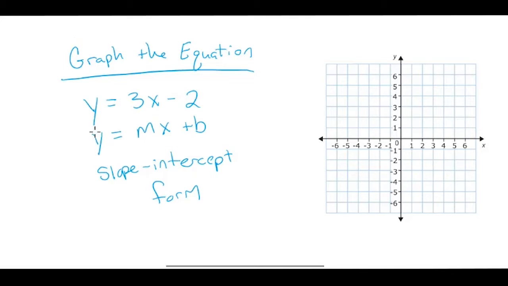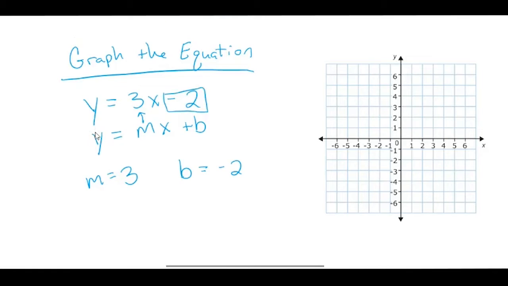I'm sure you've seen this before. So I need to know what m is, and I need to know what b is. M, as you'll see, is 3, and b is actually -2 because it's -2 here.